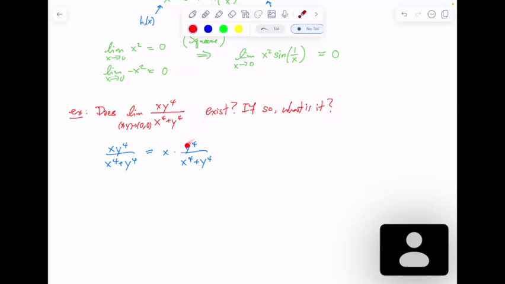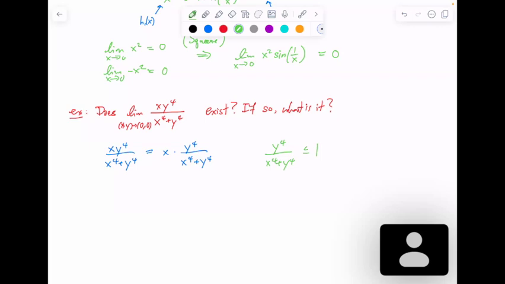So I have something, call it blah, over blah plus something positive. Now, is that always less than 1, equal to 1, greater than 1? Note that this is always less than or equal to 1. It's equal to 1 precisely when x is 0.